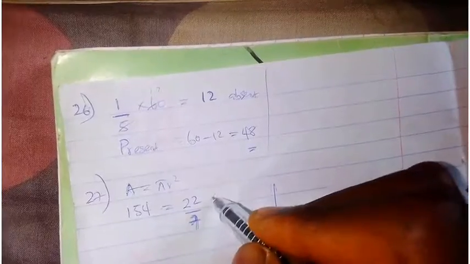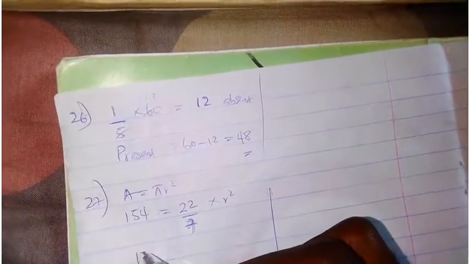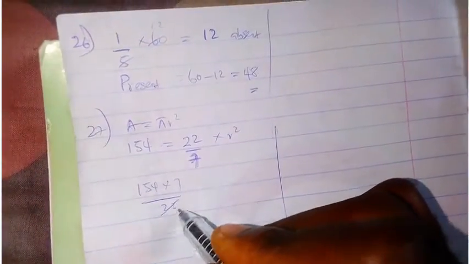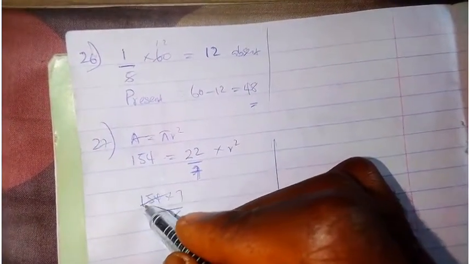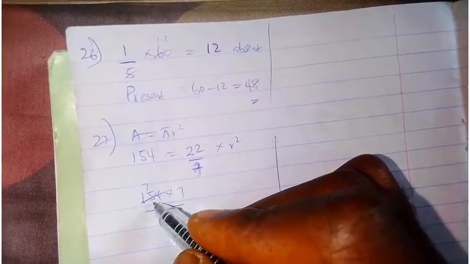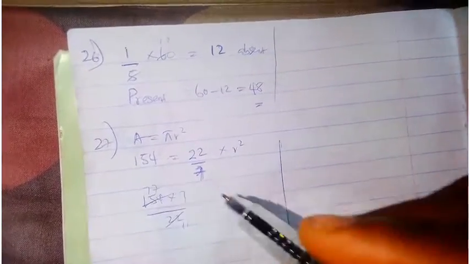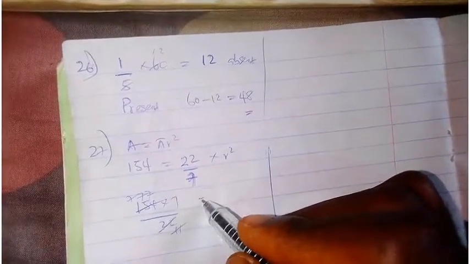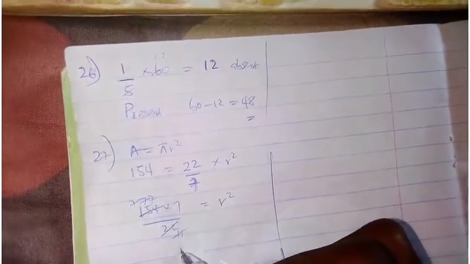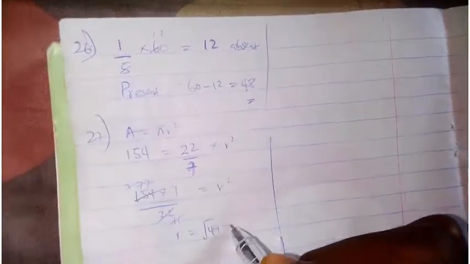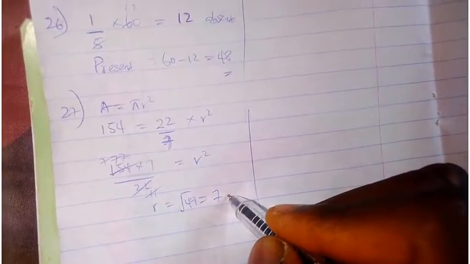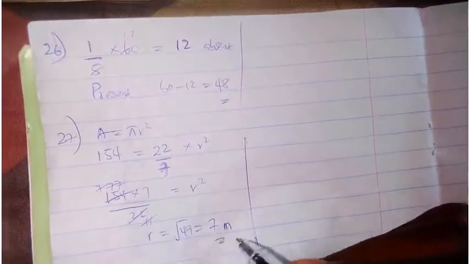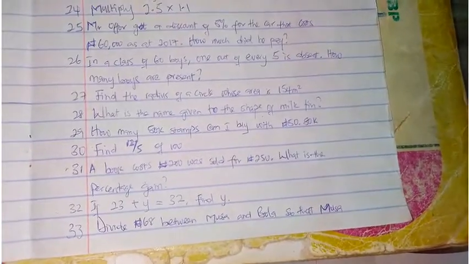This becomes 154 times 7 over 22. 2 here 11, 2 here 77. So 77 by this is 7. That's 49 equals r squared. So r is the square root of 49, which is 7. So my radius is 7 meters. Okay, so that's number 27.